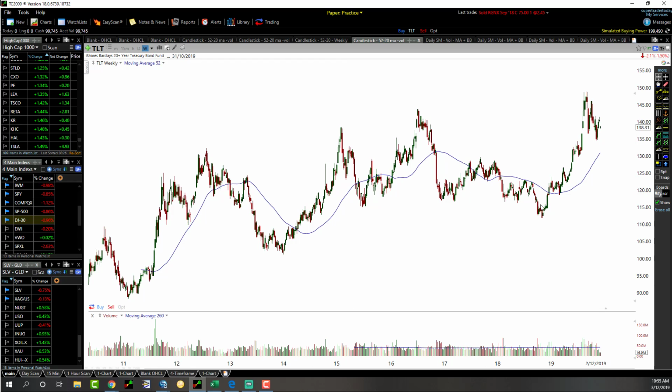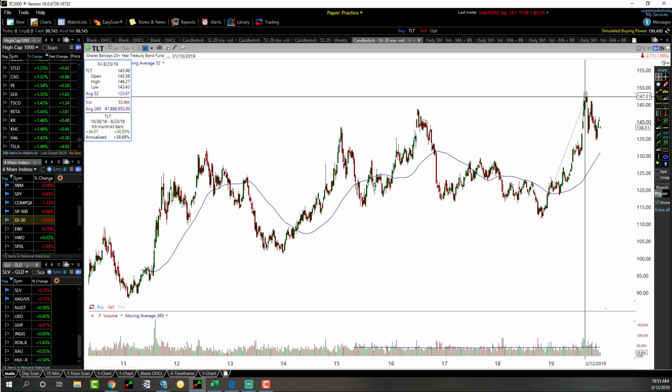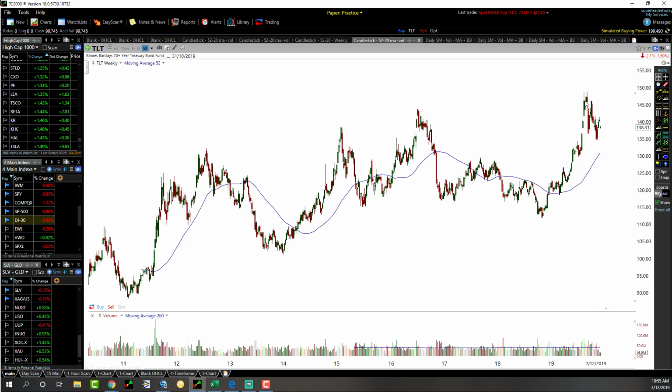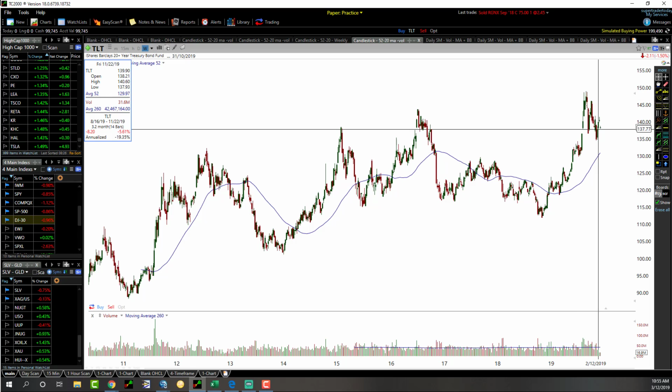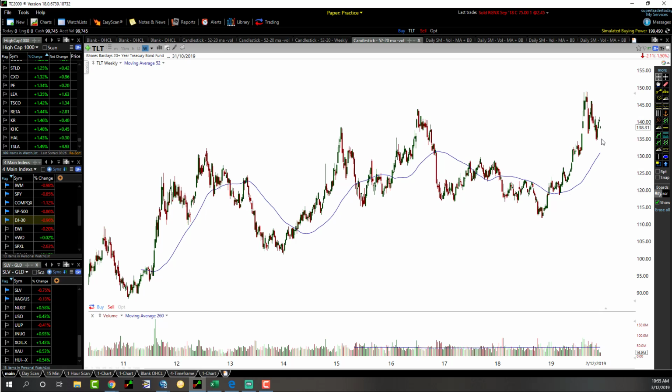Wow, we had a massive move up through here. We had a massive move of almost 9 months, and now we've had about 3 months. I would say this probably has at least another few months of downward sideways movement before it goes for another run, if it goes for another run.